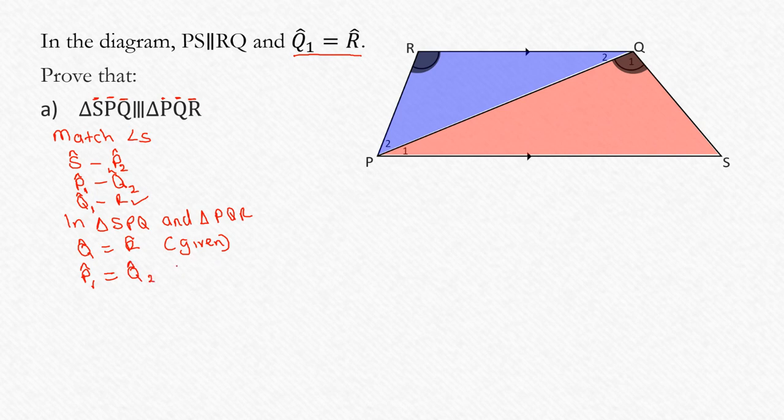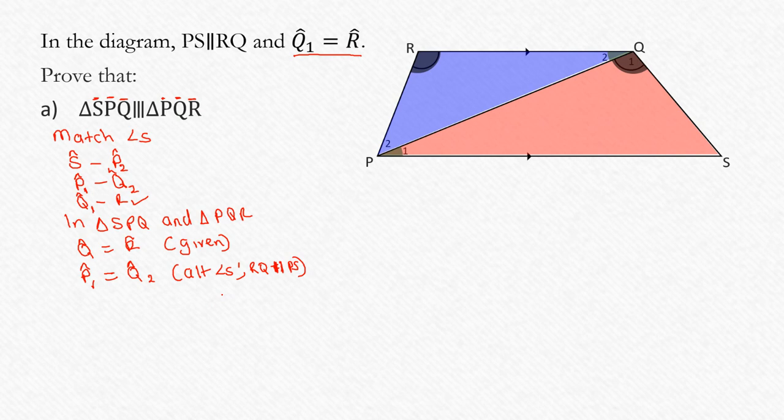These are alternate angles, because RQ is parallel to PS.